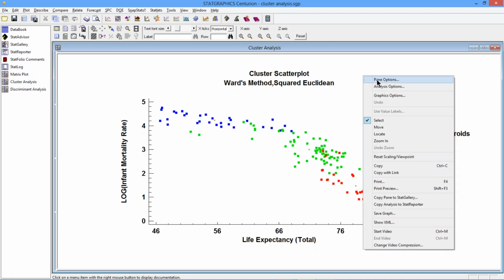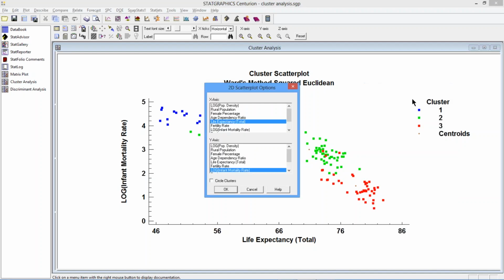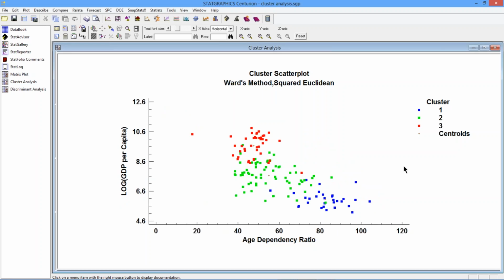Another nice plot here using some of the other variables is, let me see, age dependency ratio. That's what percent of the population are dependent on those working, versus, I thought log of GDP was a pretty interesting plot too.